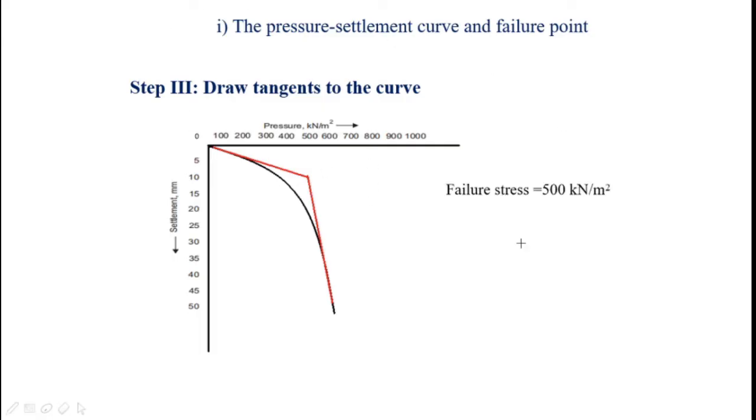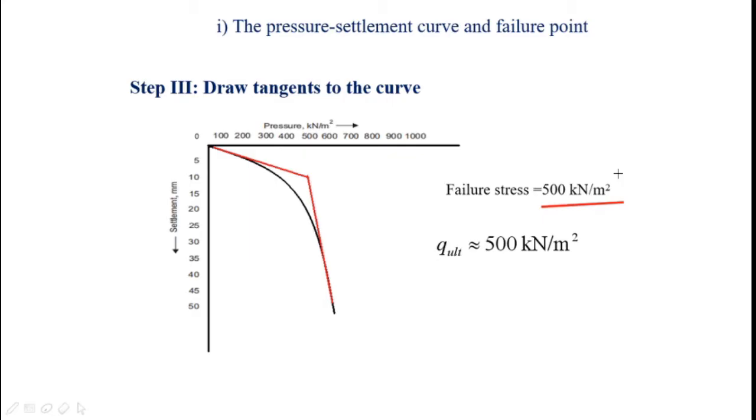So in this case, for this soil, the failure stress is about 500 kilonewton per meter square. Second, this failure stress is equal to the bearing capacity of the plate.